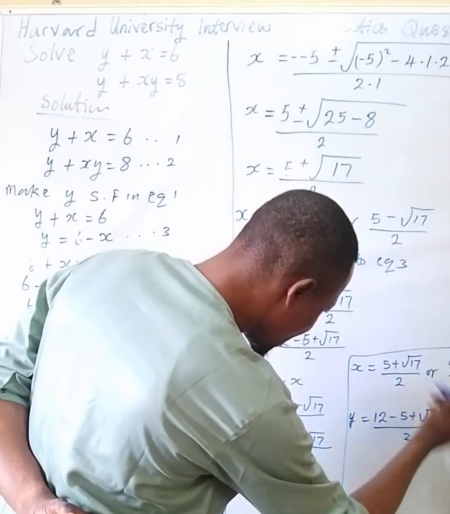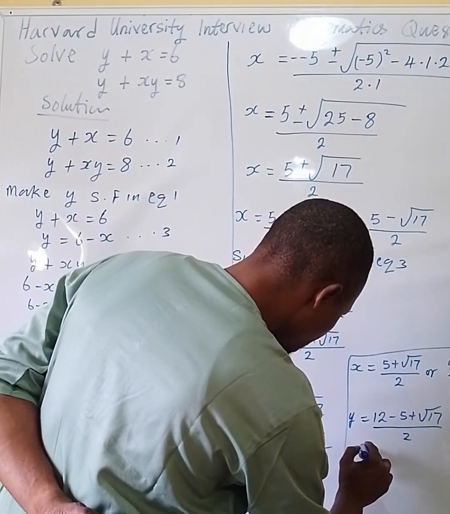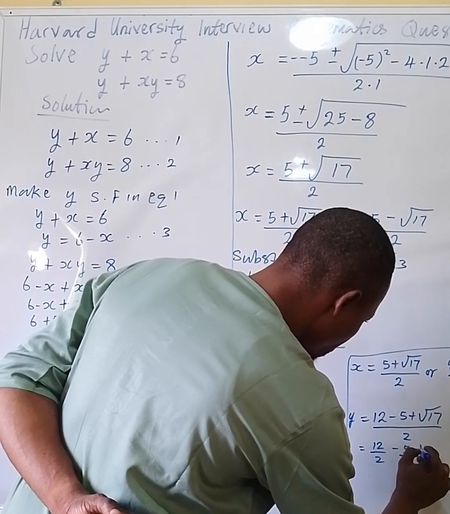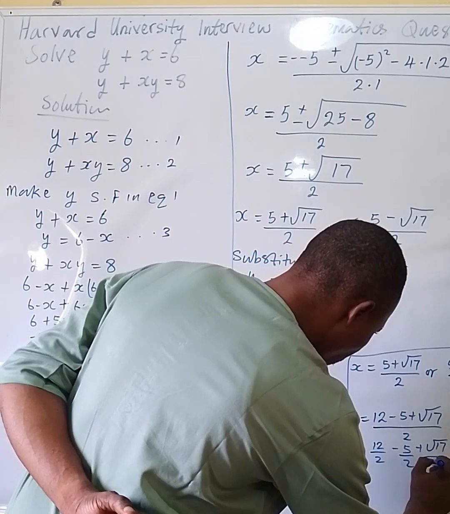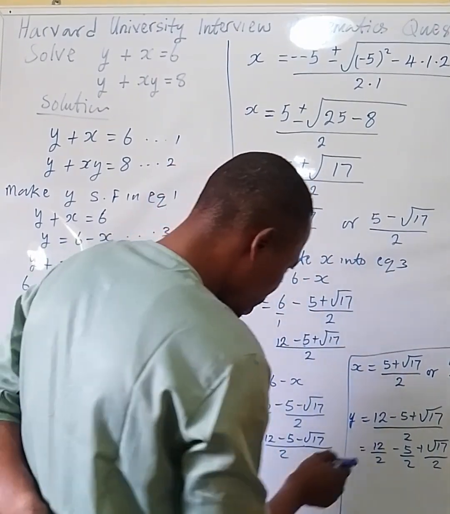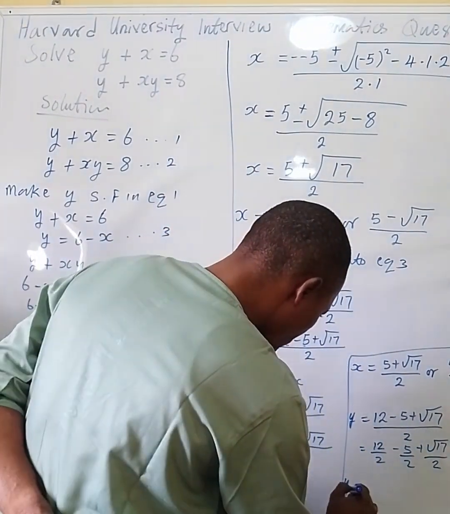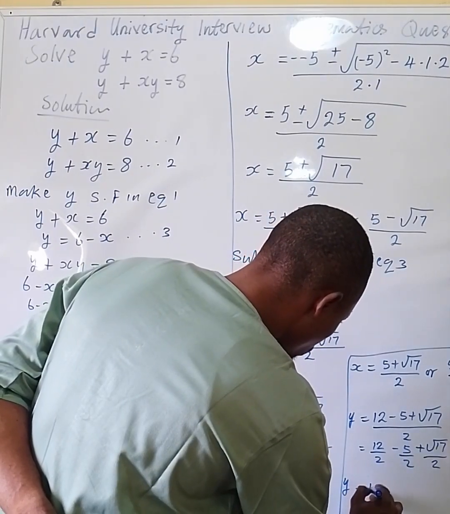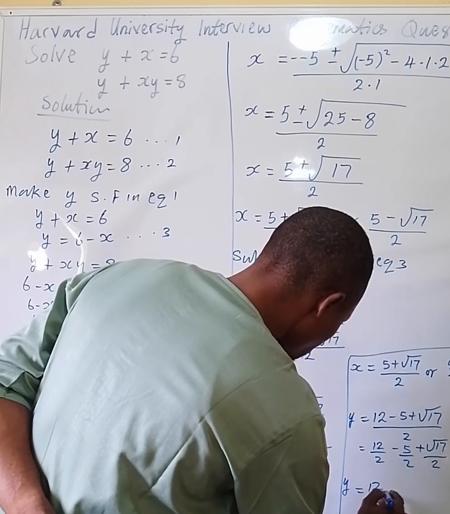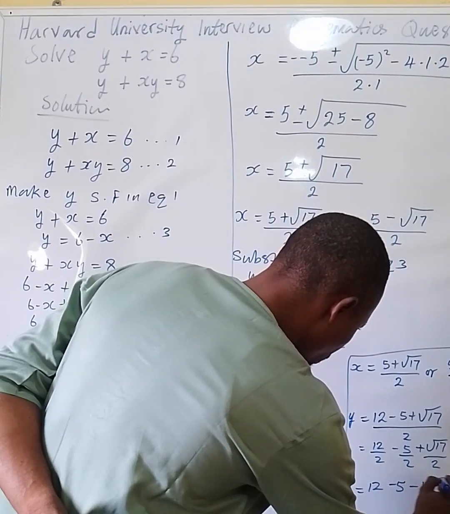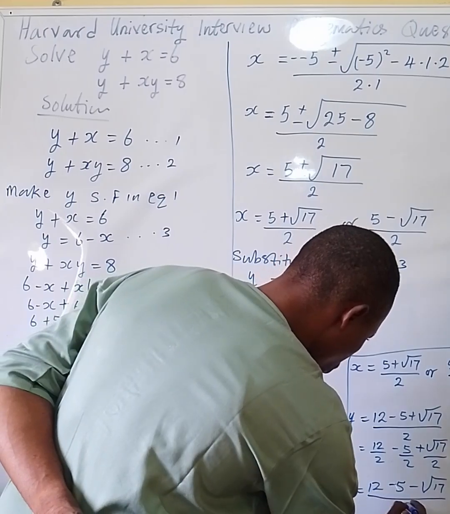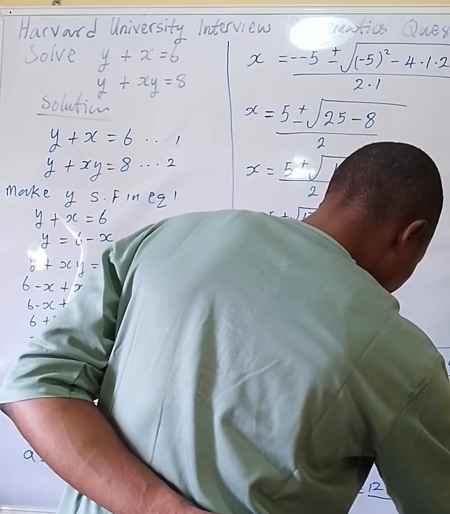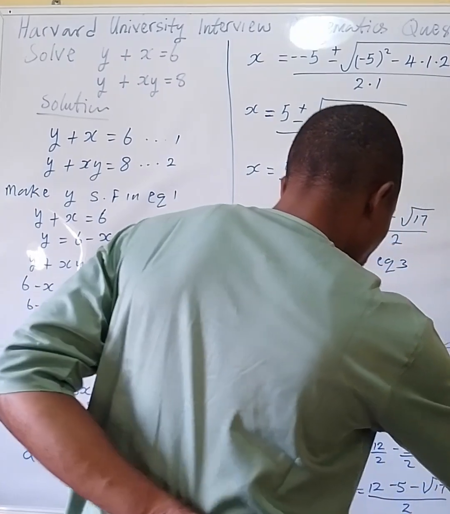Are we together? And it's the same thing as 12 over 2 minus 5 over 2 plus root 17 over 2. So that's the first value for y. Then the second value for y equals 12 minus 5 minus root 17 over 2. So those are the answers, and they are correct.